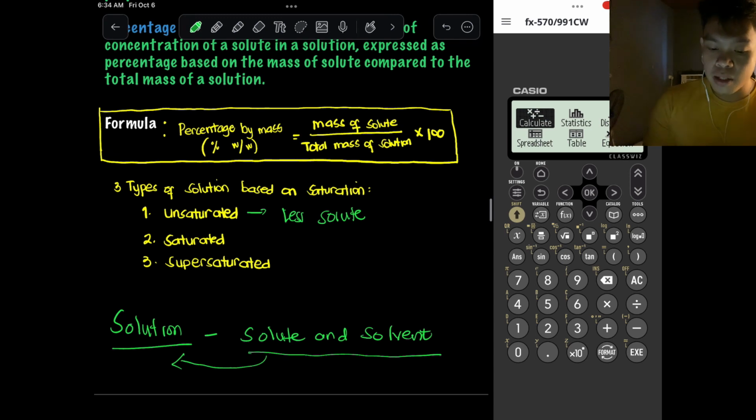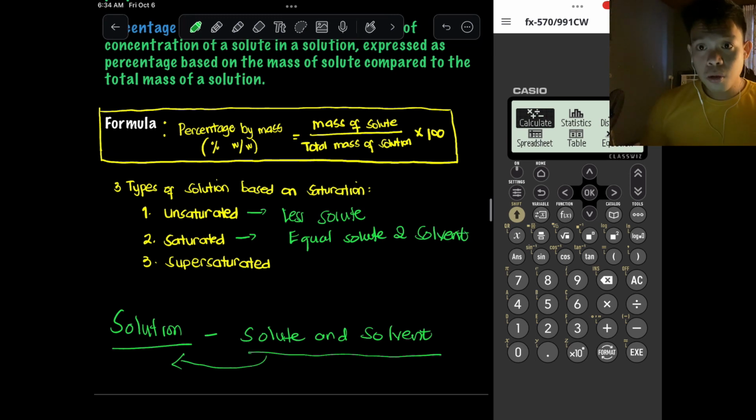In comparison, a saturated solution has an equal amount of solute and solvent. While the supersaturated solution is composed of a greater amount of solute compared to solvent. So this is our premise.